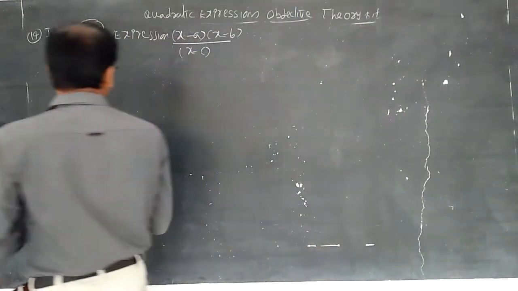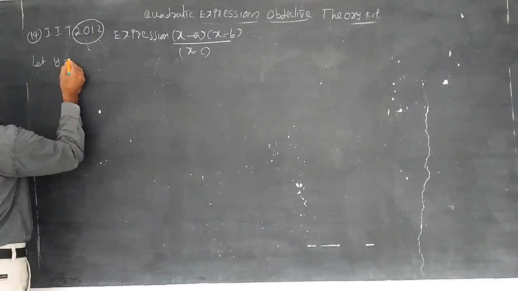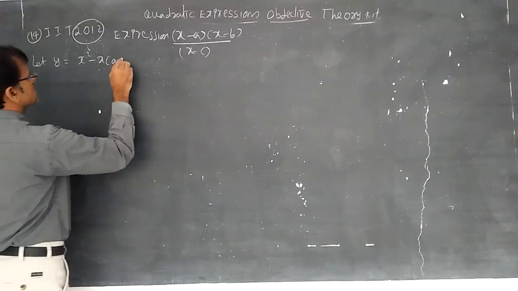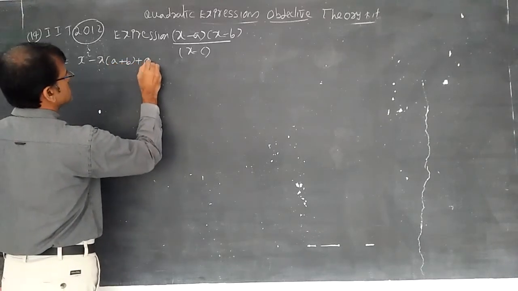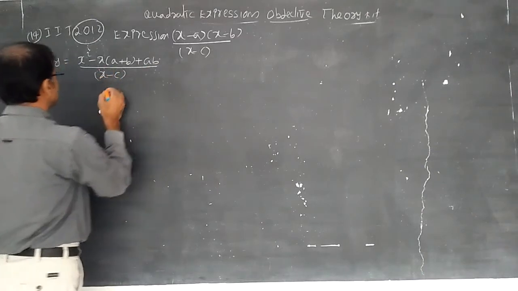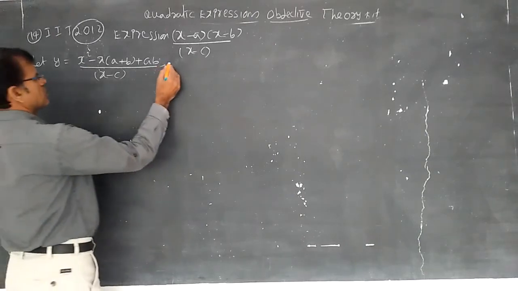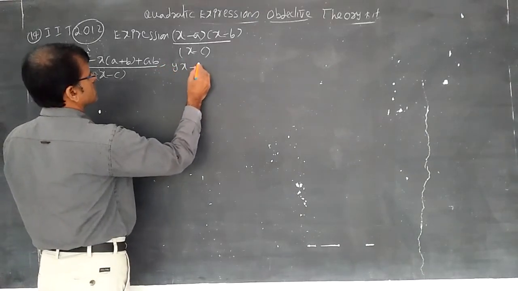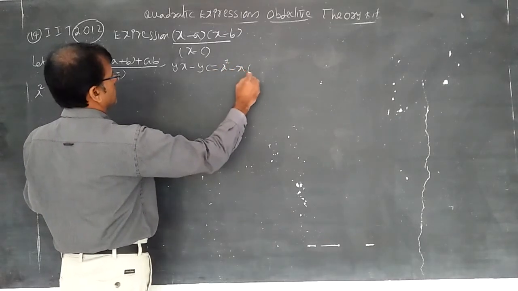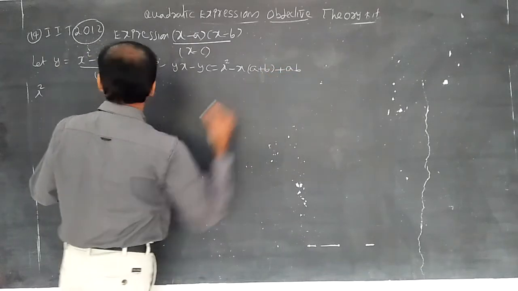You should do the long method. Let y is equal to x square minus x into a plus b plus ab, over x minus c. By taking cross multiplication, yx minus yc is equal to x square minus x into a plus b plus ab.